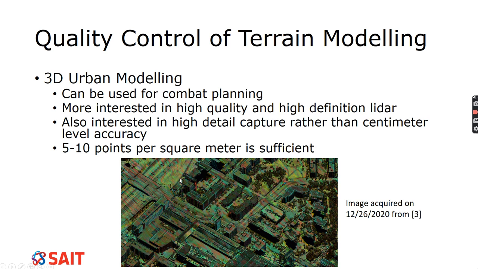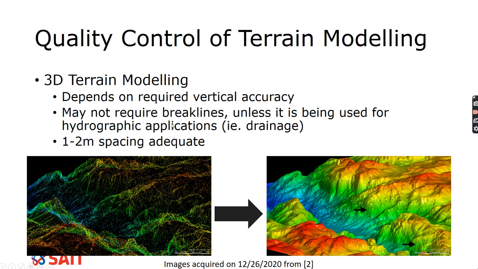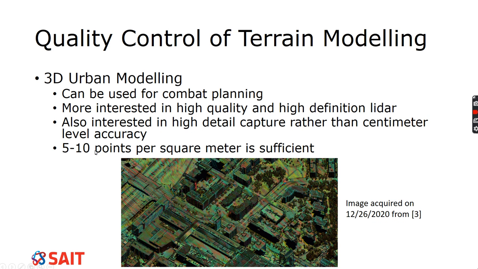So you want to know those details. So 5 to 10 points per square meter is usually sufficient, compared to the terrain models, which is 1 to 2 meter spacing. So obviously 20 centimeters is good, and 10 centimeters between each point is probably even better. That's what this is looking for. So you will need to do several passes in order to do it.